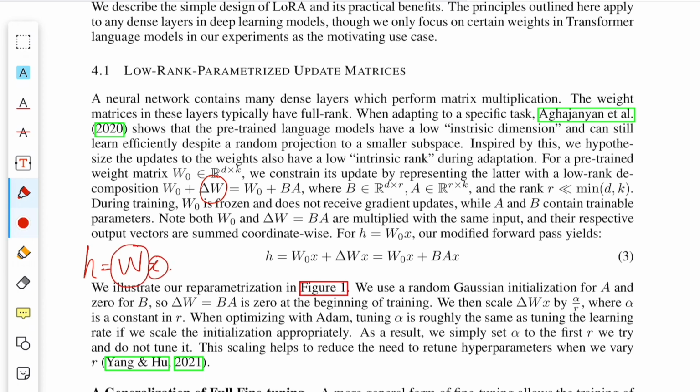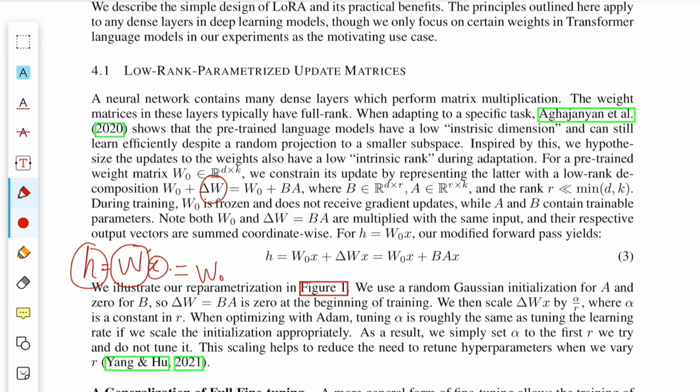X is our data. So we pass the data through the model and get the predicted label. H is our predicted label. We can use another statement: what is W?